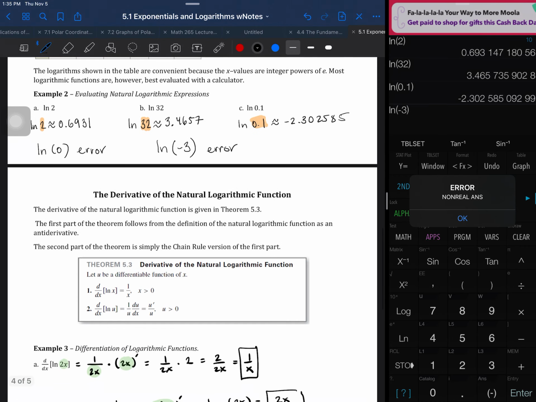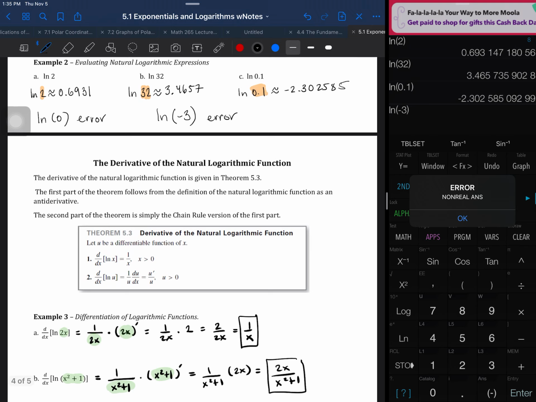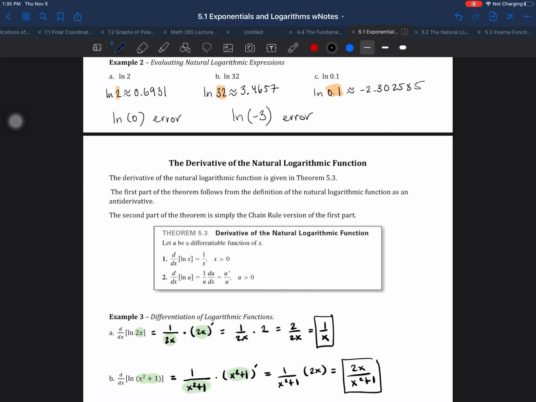All right, so let's talk about the derivative of a natural logarithm function. The derivative of a natural logarithm function is given in theorem 5.3. The first part of the theorem follows from the definition of the natural logarithm function as an antiderivative.